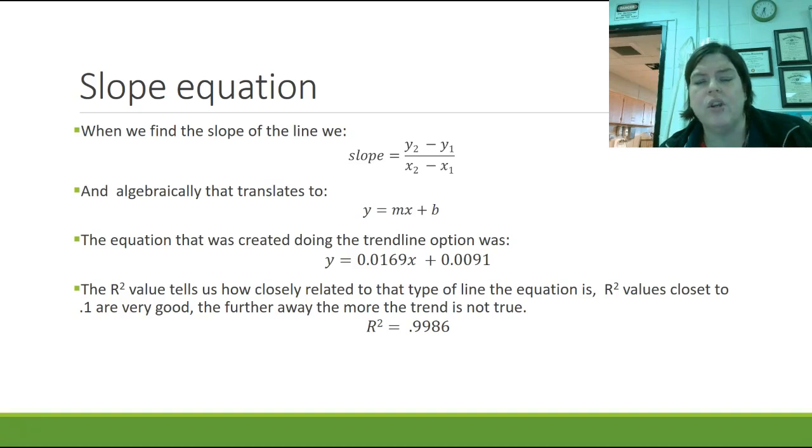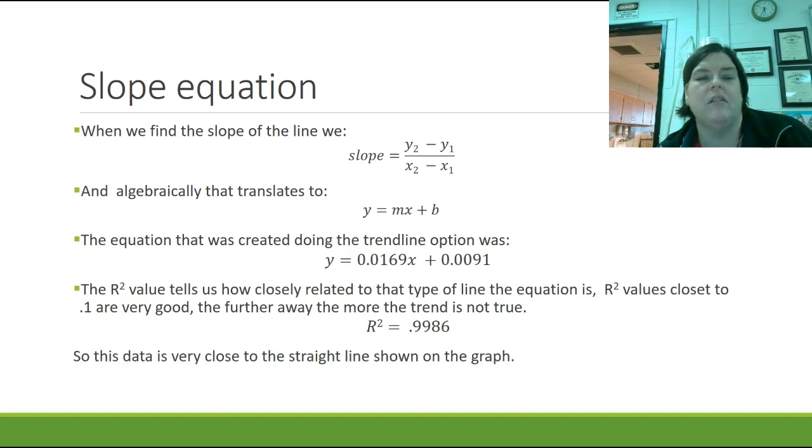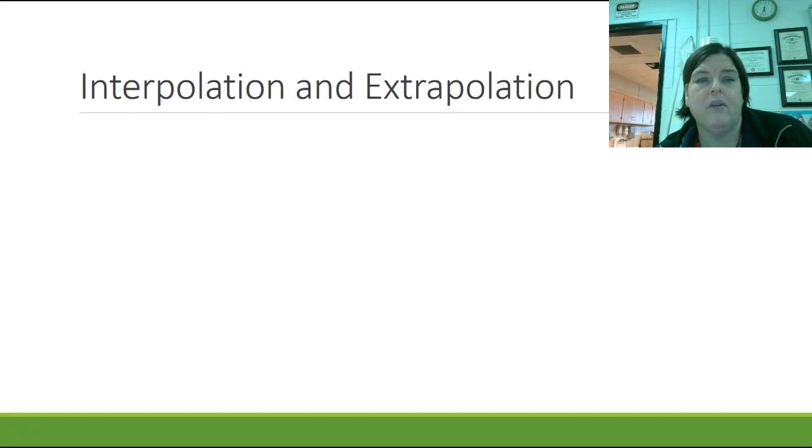So you need to make sure that you're checking your R-square values as you're doing trend lines, especially on the computer or on your graphing calculator, to make sure your lines of best fit are really good lines of best fit. So this data is really, really close to the straight line that was shown on the graph in the first place. So the data actually fits that straight line really, really well. Okay?